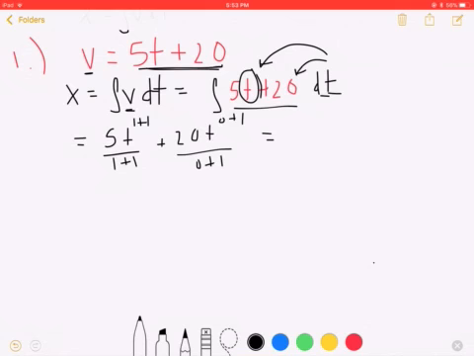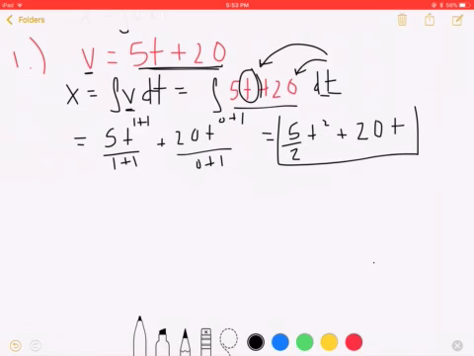So I'm going to have 5 over 2 t squared plus 20, 0 plus 1 I get 1, so I'm going to have 20 t to the first, or just 20 plus t. Okay, so basically we integrated that velocity function in terms of t to get our displacement equation.